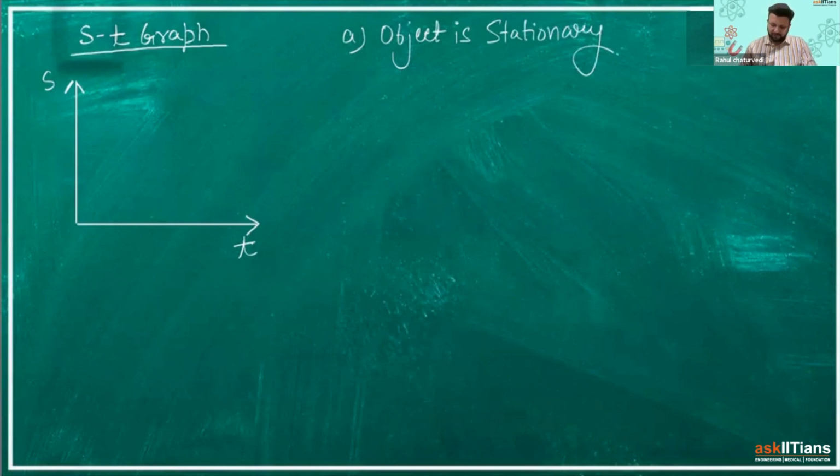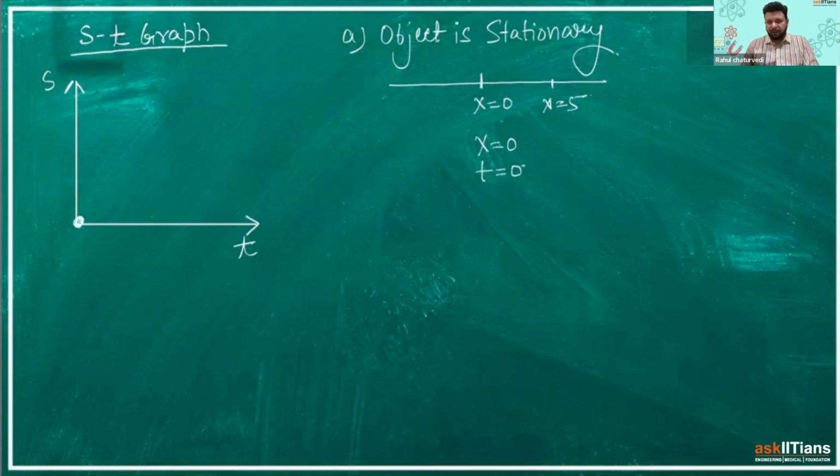And suppose I'm considering its initial position at some position, like this is x equal to 0, this one is x equal to 5. So initially, the object is at x equal to 0, at time t equal to 0.